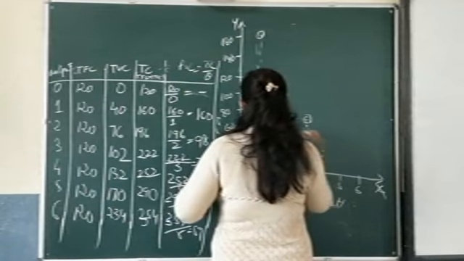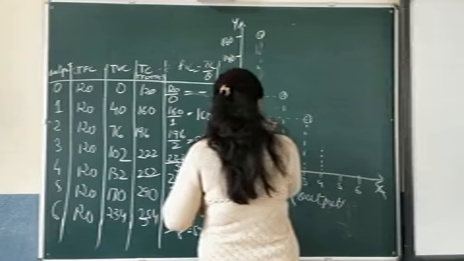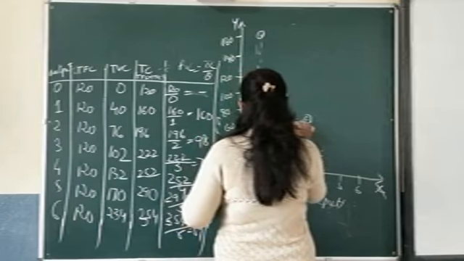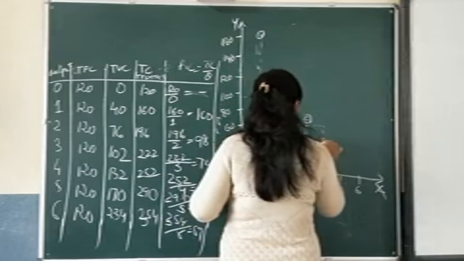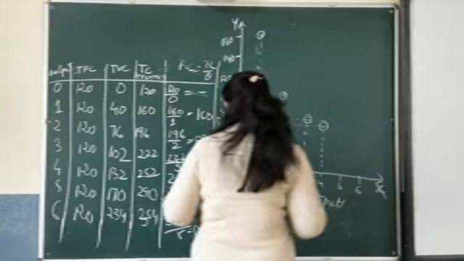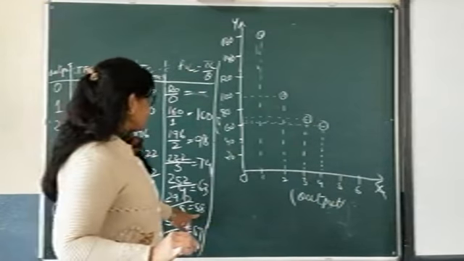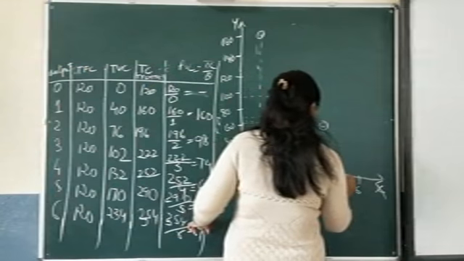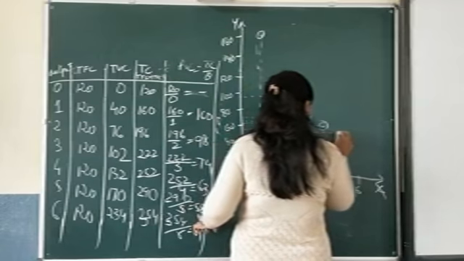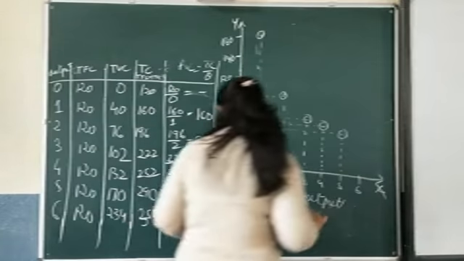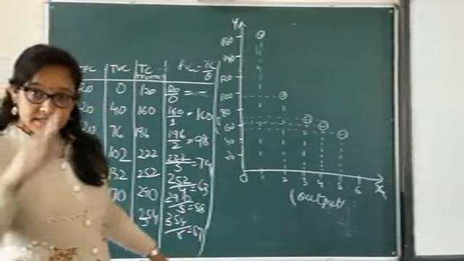At fifth it is 58. This. And at sixth it is 59. Starts rising.